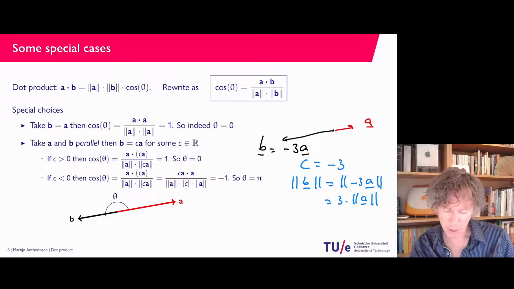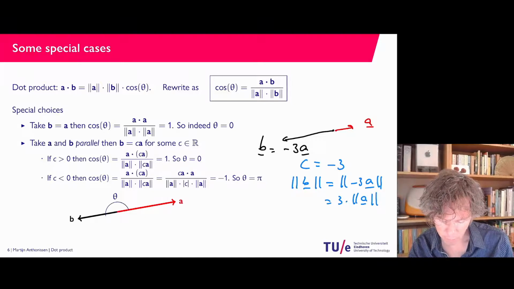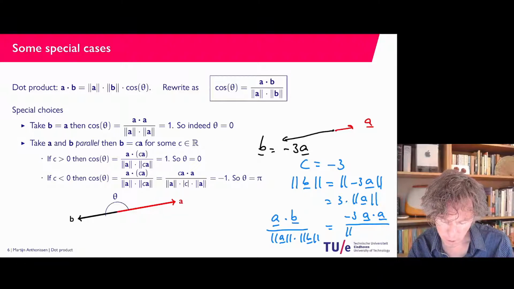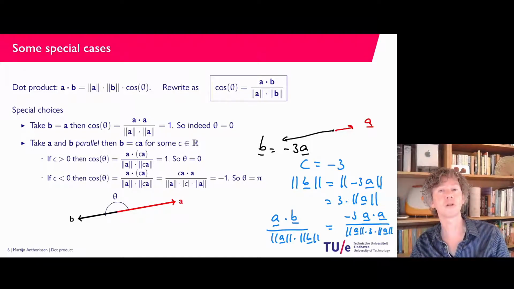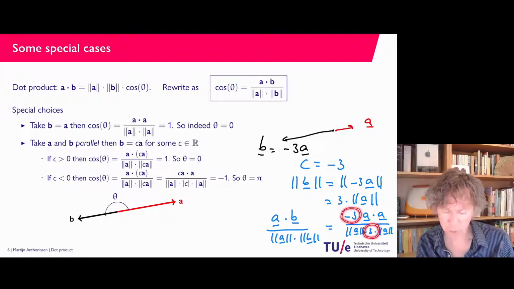That does make sense. So if you compute this thing here, if you would do A dot B over length A times length B, you would find minus 3 A dot A in the numerator, and in the denominator you would find length of A times 3 times length of A, because 3 times length of A is length of B. So together, what you get is minus 3 over 3, which is minus 1.